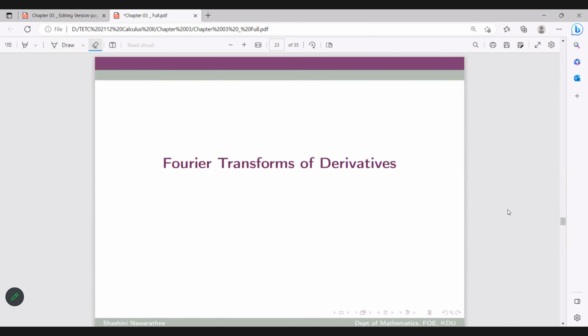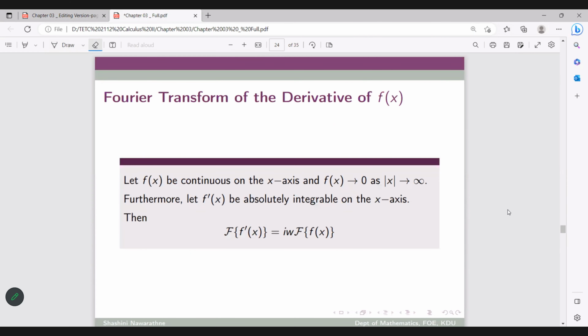Then the next thing, Fourier transform of derivatives. This is something important. If we have a function f of x and we know the Fourier transform of that function, and we are asked to find the Fourier transform of its derivative, we can use this formula. I will write it.